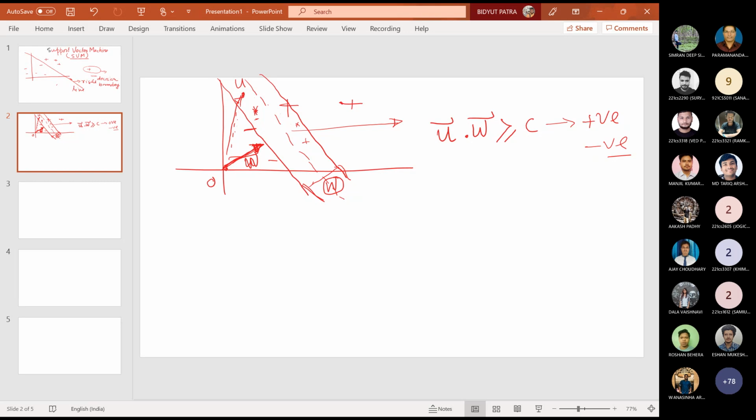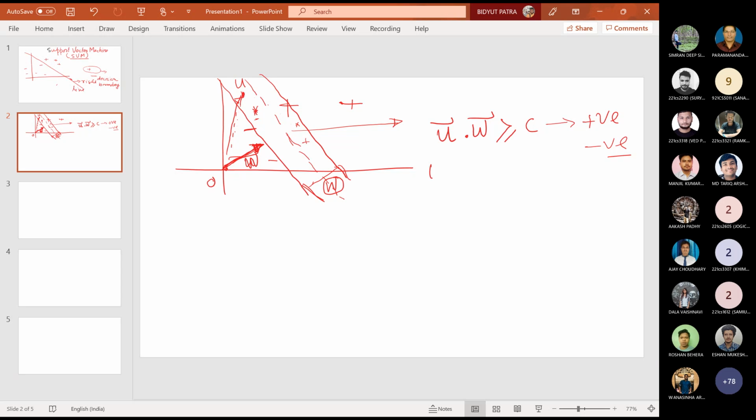So we want to find the straight line which has a perpendicular vector w. Now for any point we project the point on this vector, and if that length crosses this line, then we'll say it is a positive sample, otherwise a negative sample.